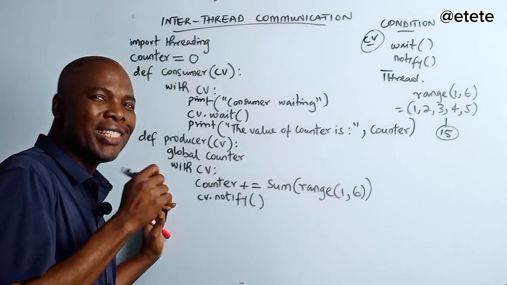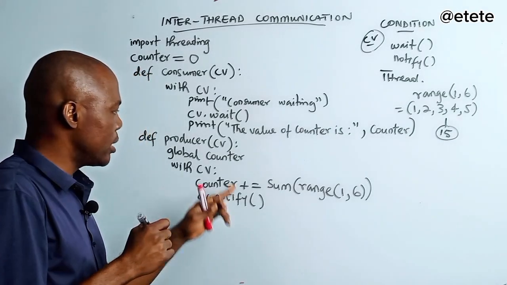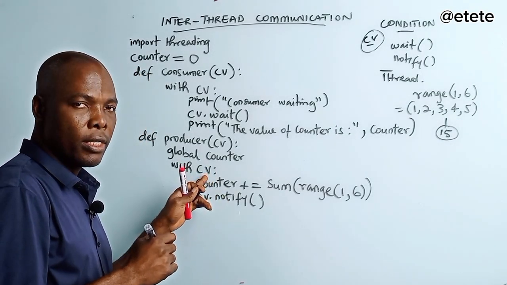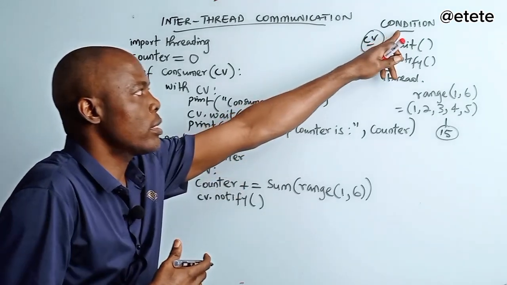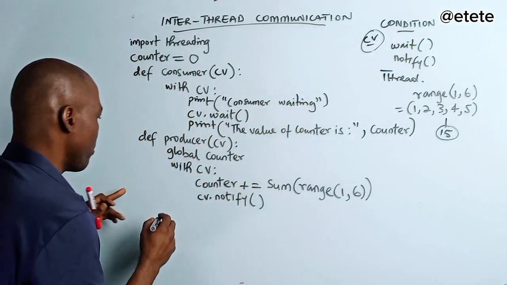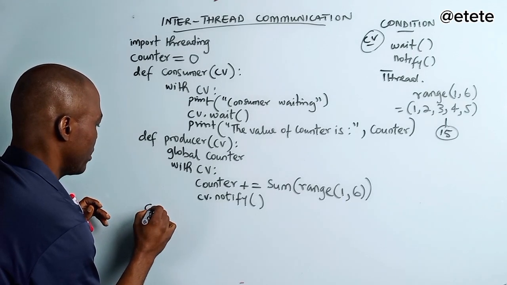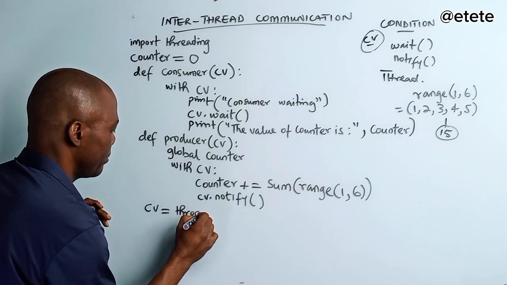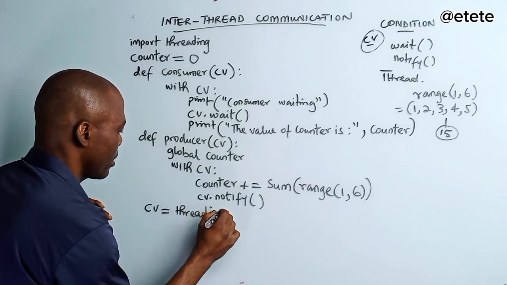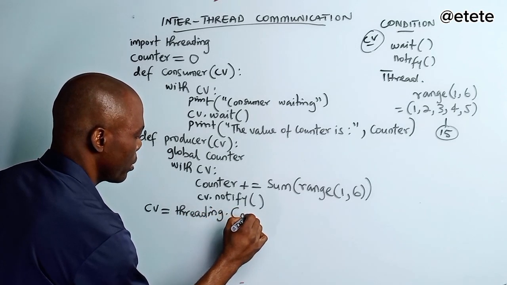Now I want to create the object, which is this CV object that I'm using, this condition variable. I want to create that object from this condition class. So I will say CV equals threading dot Condition.